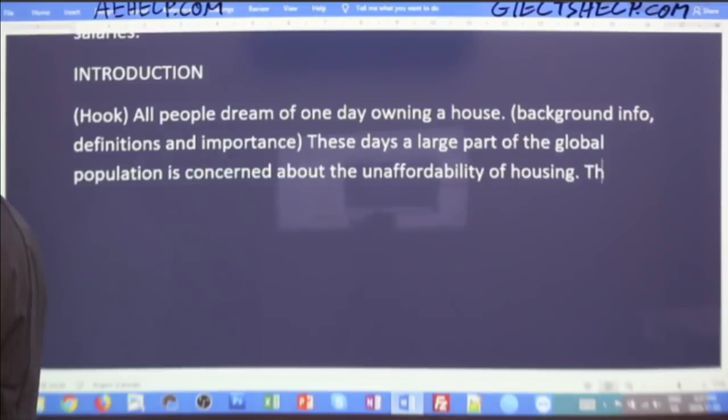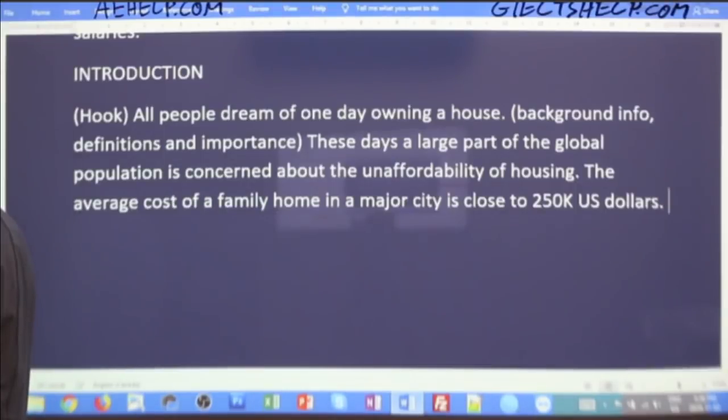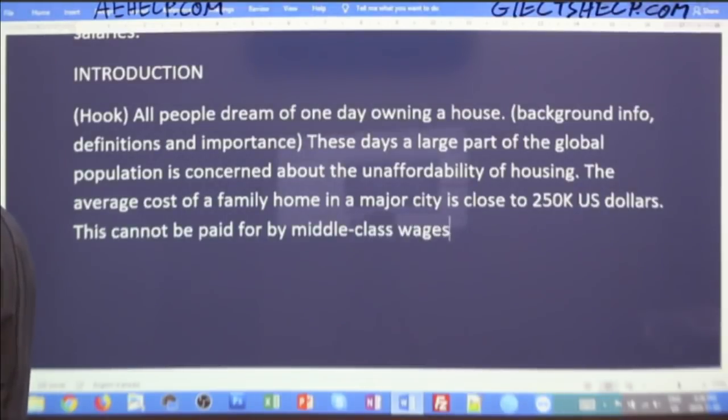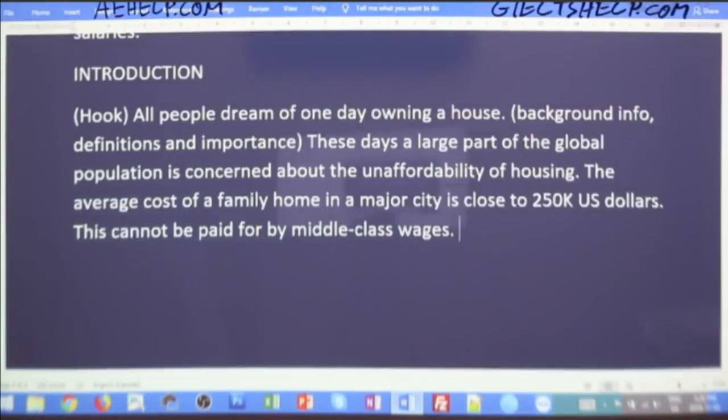Often, the average cost of a family home in a major city is close to $250,000 US. This cannot be paid for by middle class wages. Okay? So that would be the background.